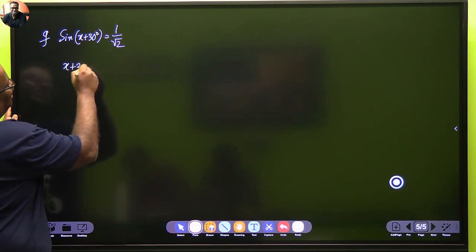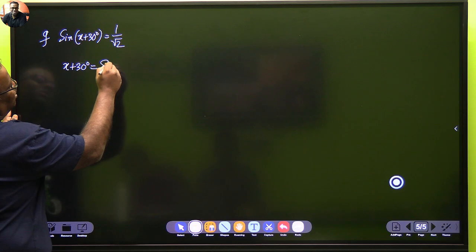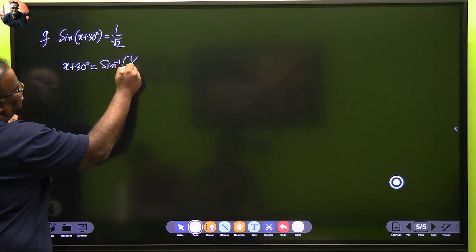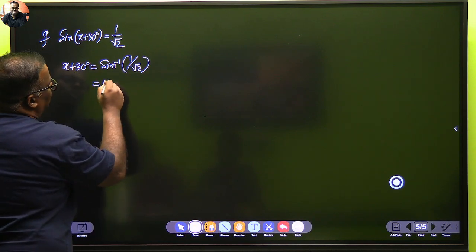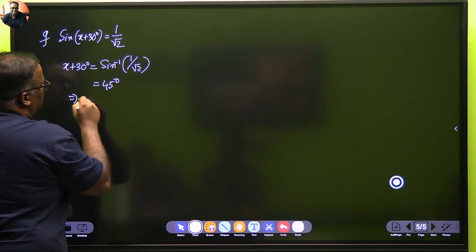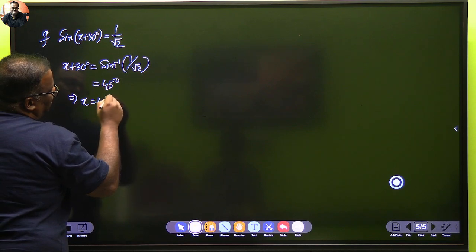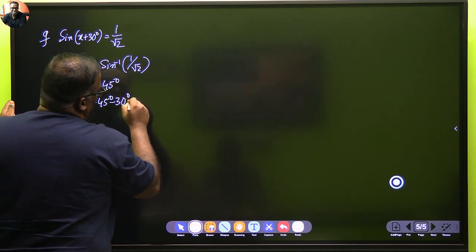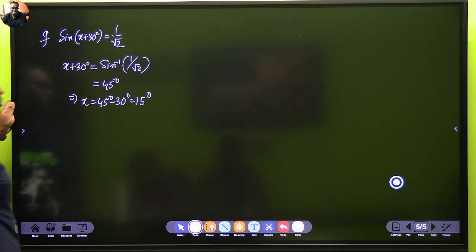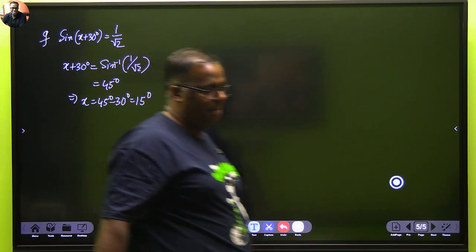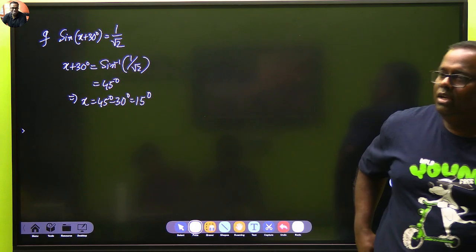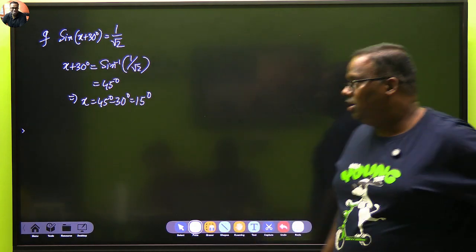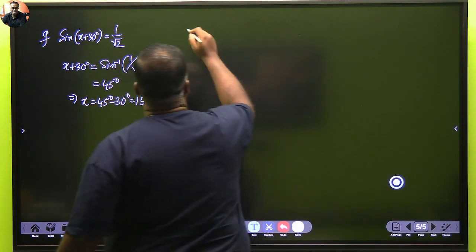X plus 30 degree is equal to sine inverse 1/√2, which gives me 45 degrees. Therefore x should be equal to 45 degree minus 30 degree, 15 degree. Everyone come up to this point, has it been done? Any doubt? Okay.